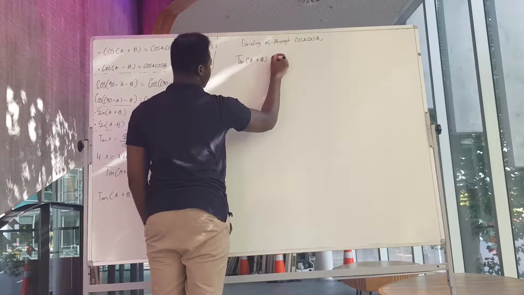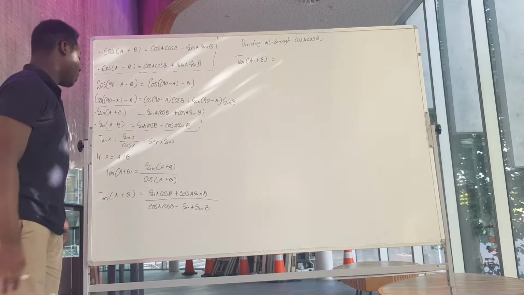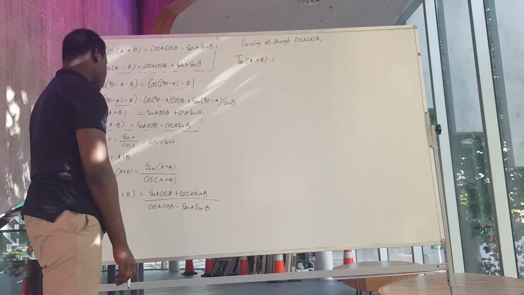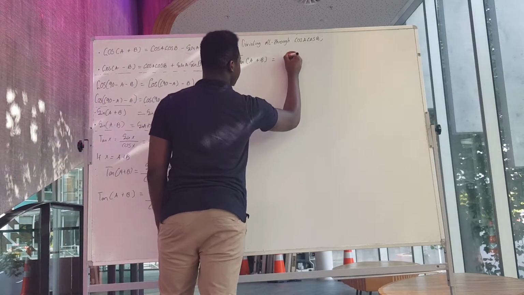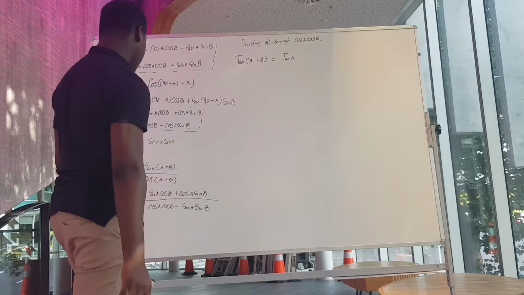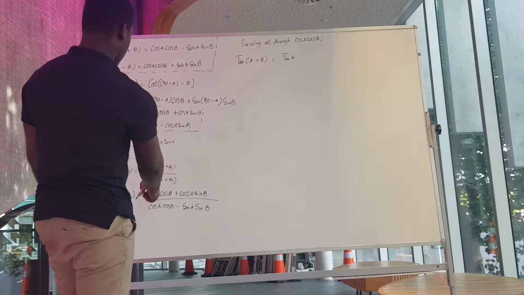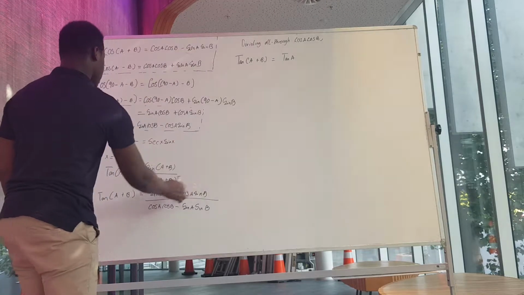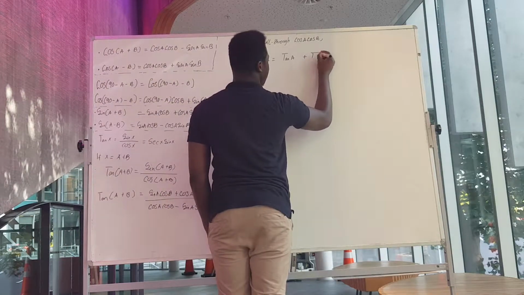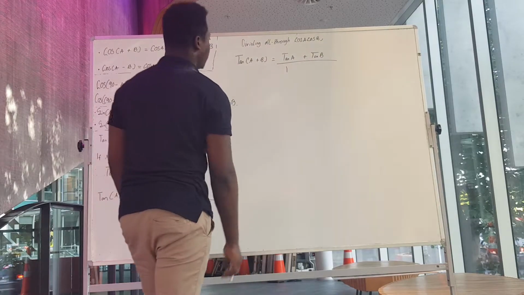Let's do the numerator first. Sine a cos b divided by cosine a cos b: cosine b cancels cosine b, and sine a divided by cos a is tan a. Then cos a divided by cos a is 1 times sine b divided by cos b, that'll be plus tan b. Divided by 1. As you can see, that's true.